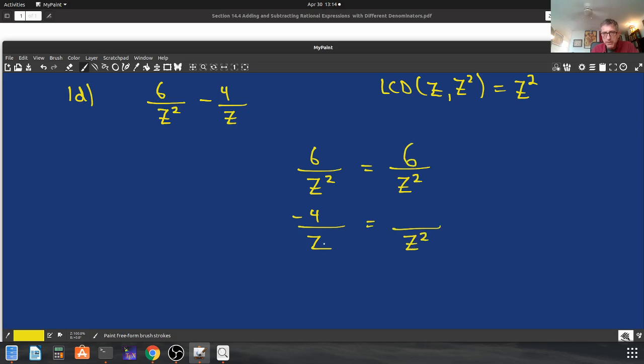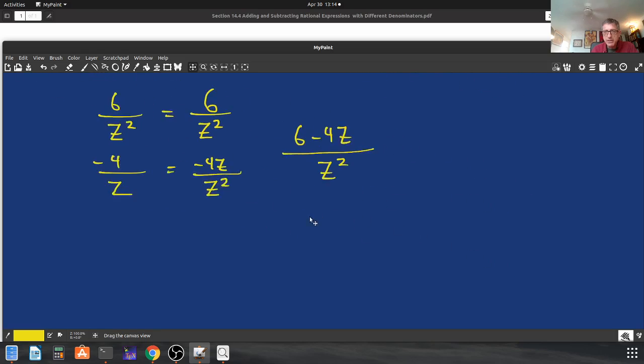z squared divided by z is z, and z times minus 4 is minus 4z. So the answer is 6 minus 4z, I'm just adding the numerators over z squared. This one, however, is different.